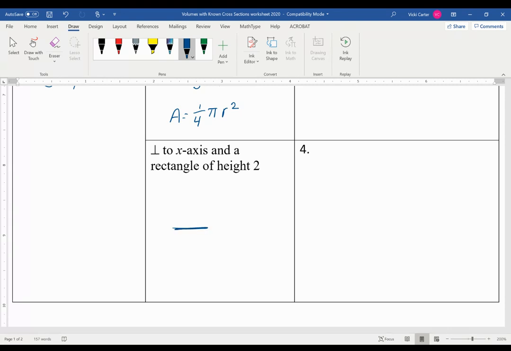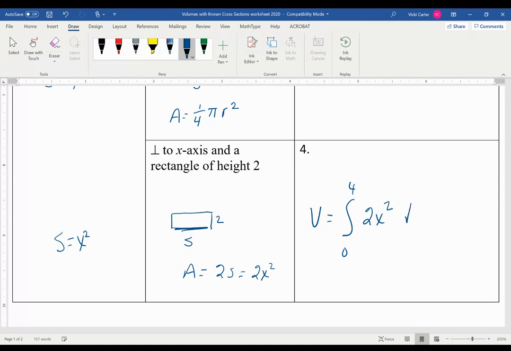So that means we're going to have our base S, and I don't know what 2 is in relationship to S, but it's going to be the height, 2. So that means our area is going to be 2S, which is 2x squared, because S is still x squared. So our volume will be the integral from 0 to 4 of 2x squared, because that's our area formula, dx.